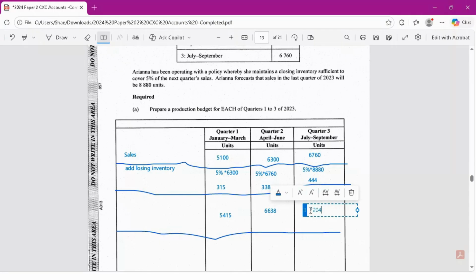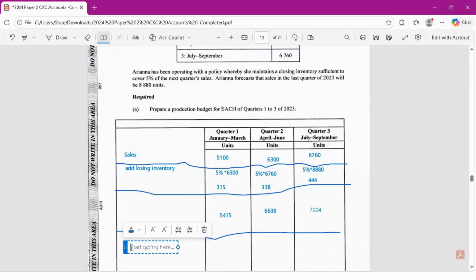Then we are going to less opening inventory. All right.